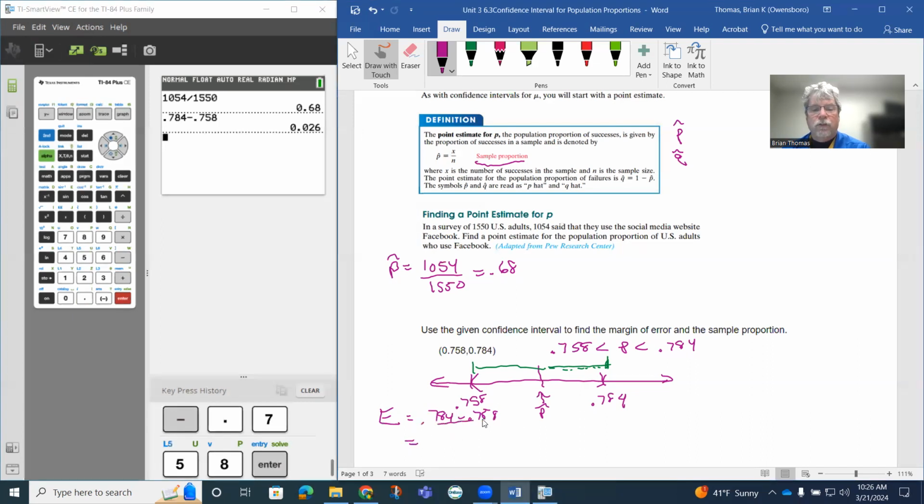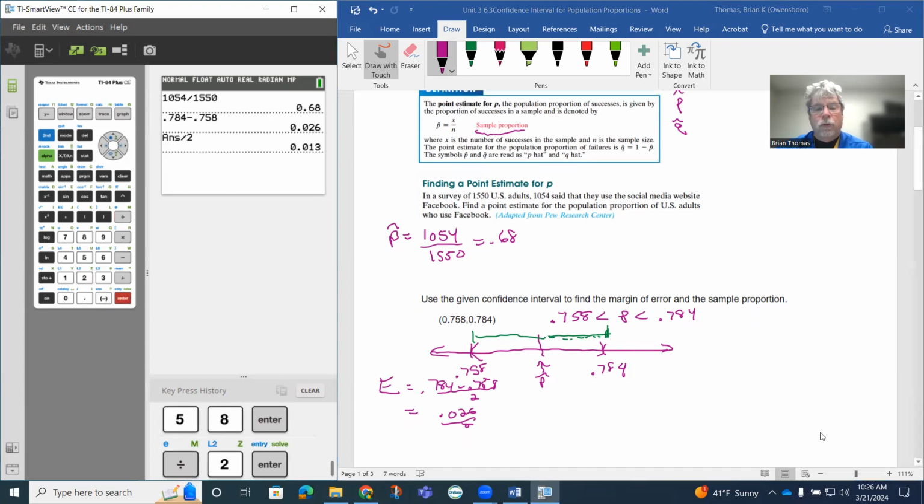Notice how we have to actually divide that by 2 because the margin of error is half of that distance. So this 0.026 is going to have to be divided by 2. So we'll get 0.013. So 0.013 is this distance here. That's how far we move from the middle.